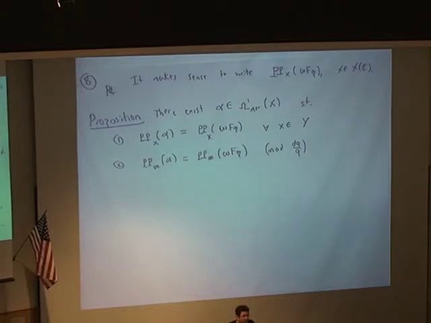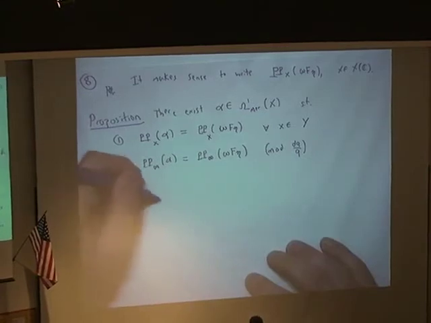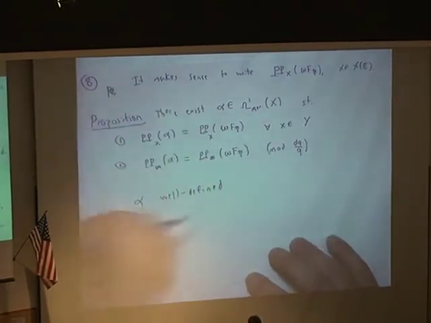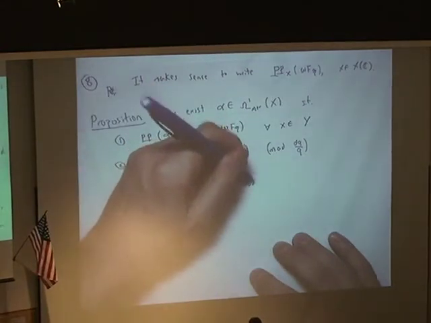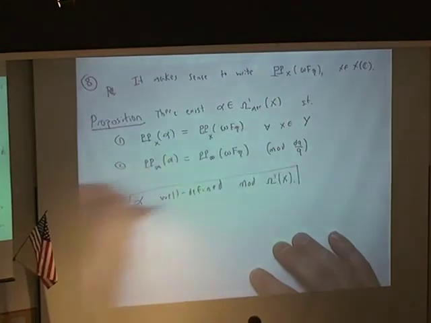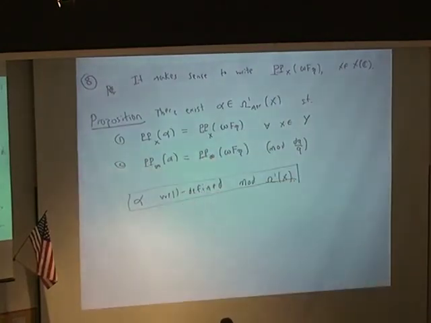So alpha is again well defined up to holomorphic differentials on x. So alpha here is still well defined, which for computations is quite useful. Alpha is well defined modulo omega 1 of x. Okay, so keep that in mind.